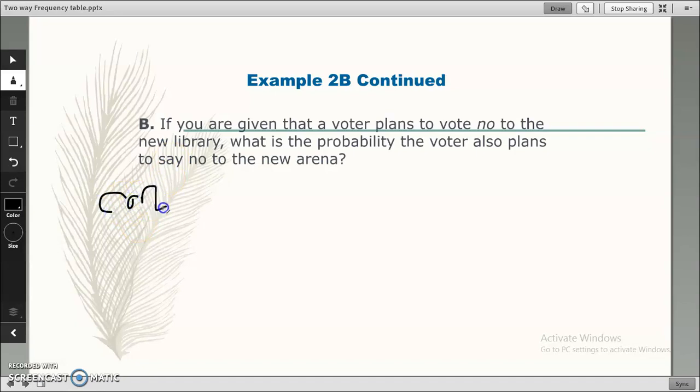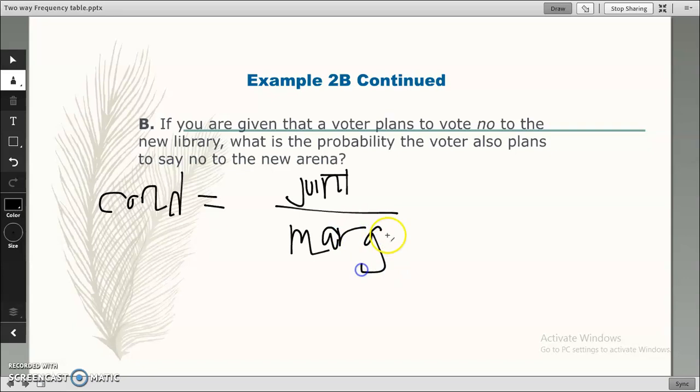And so conditional probability, if you remember from the formula that we were given earlier, is the joint relative frequency divided by the marginal. And when we talk about conditional, the given part is always at the bottom. So it says you are given that voters plan to vote no on the new library. So since we are given that, we know that that is the marginal.